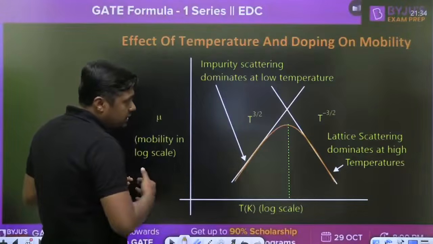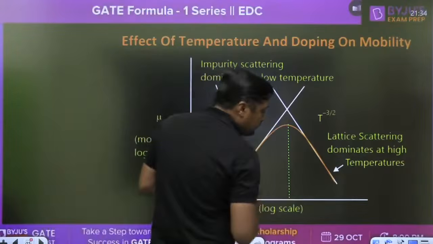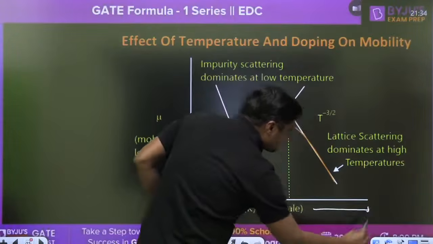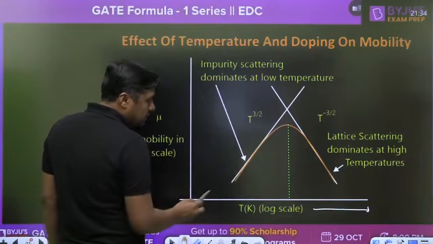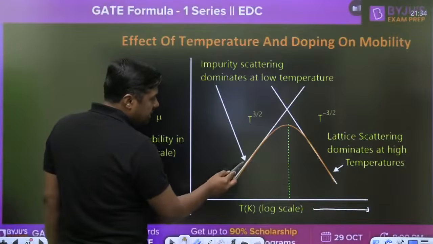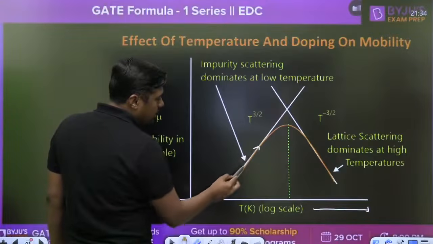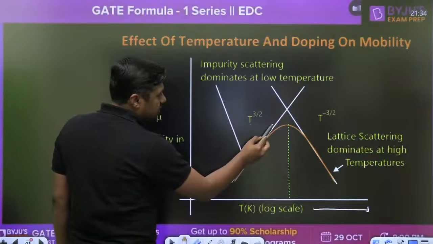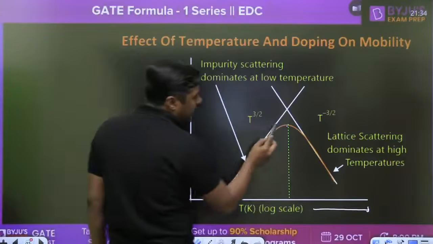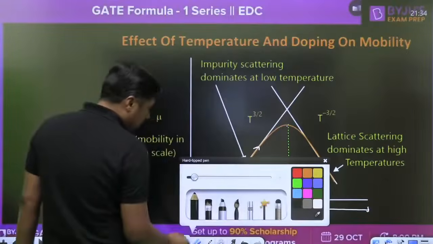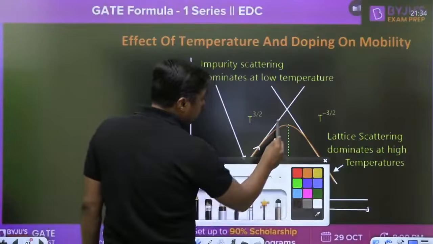When we move from left to right, temperature increases. First of all, the mobility increases with the temperature. After that, it reaches a maximum value, and after that it decreases. The actual curve is like this.